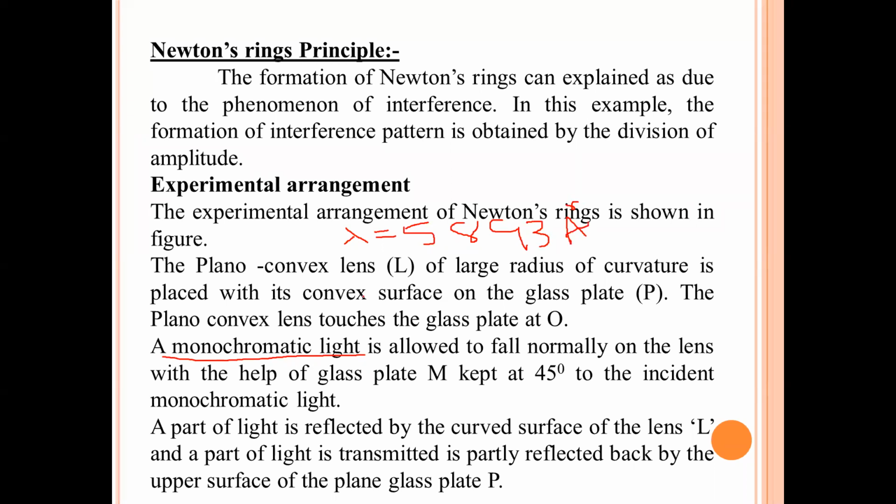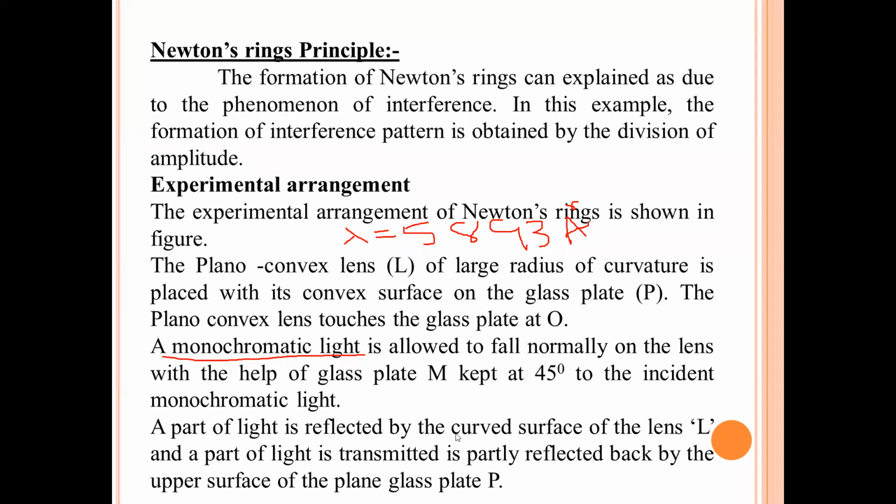That is the wavelength of the light we use in this experiment. Actually, we did this experiment in our laboratory. Now this monochromatic light falls normally on the glass plate. Already we saw the glass plate is arranged at an angle of 45 degrees.